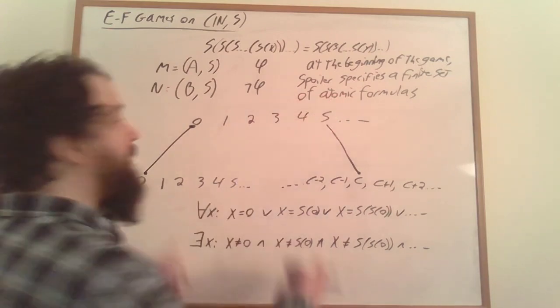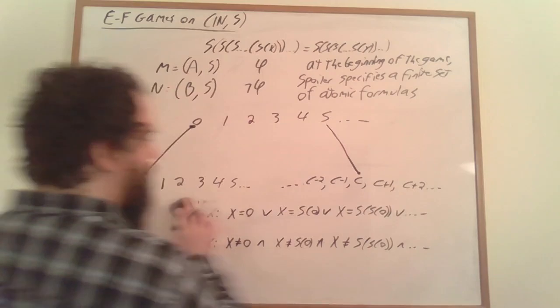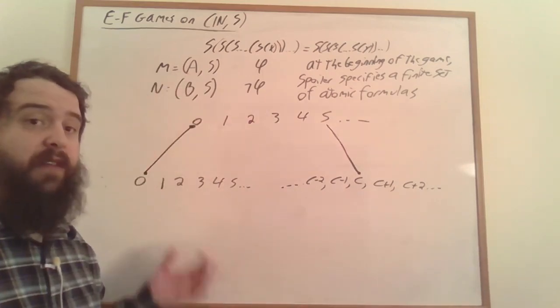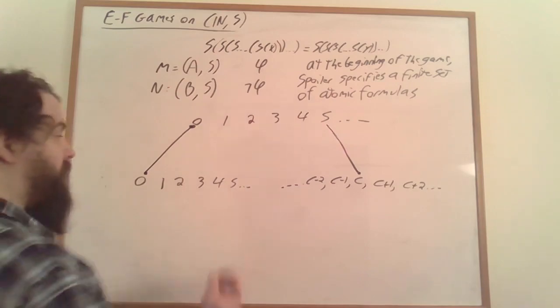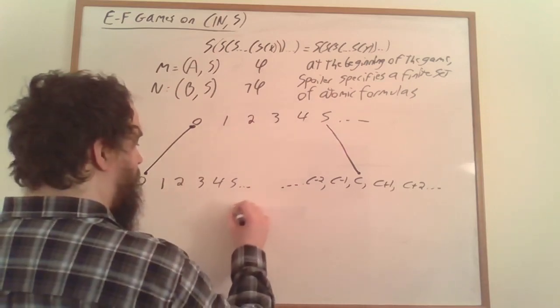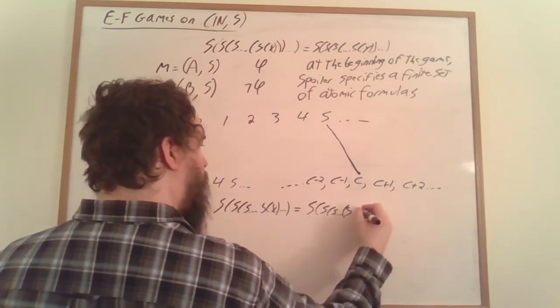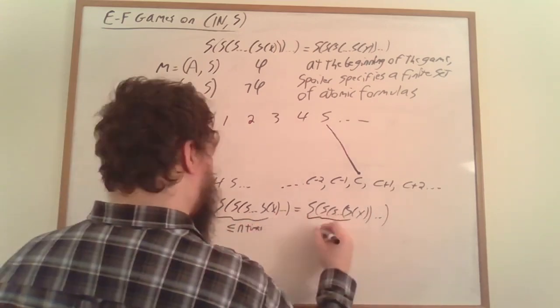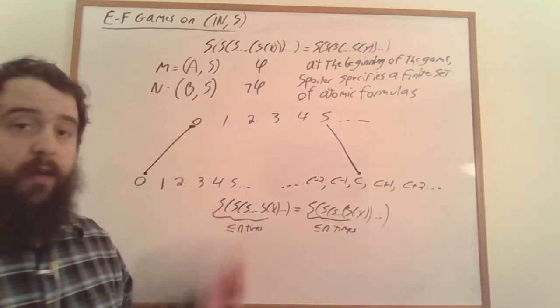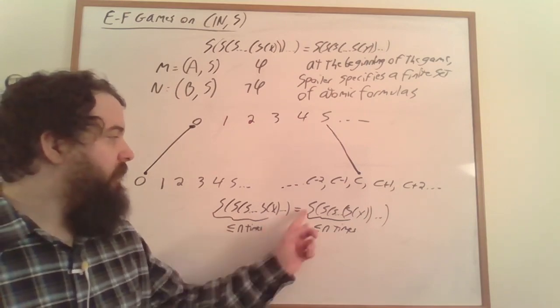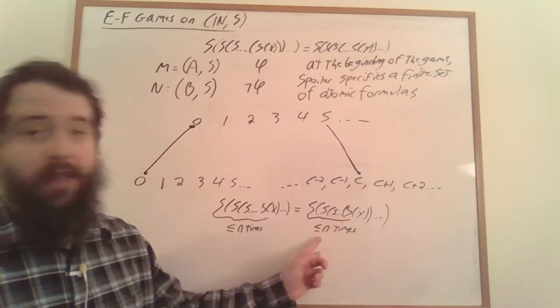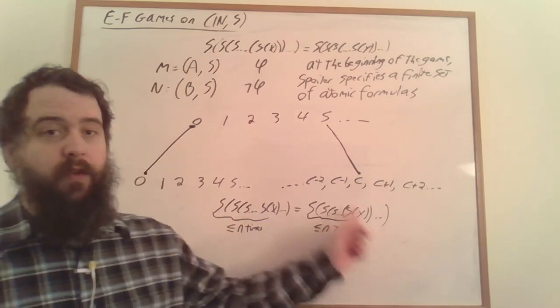So at the beginning of this game, Spoiler specifies some sort of n, and we say that Duplicator loses if there's some sort of formula of the form the successor applied less than or equal to n times of x is equal to the successor applied less than or equal to n times to y.